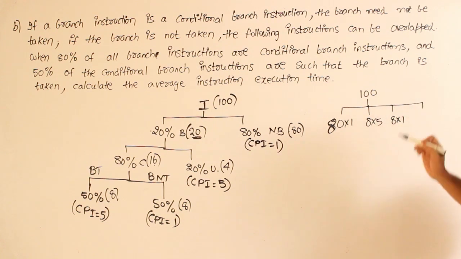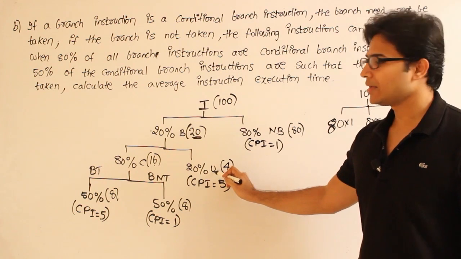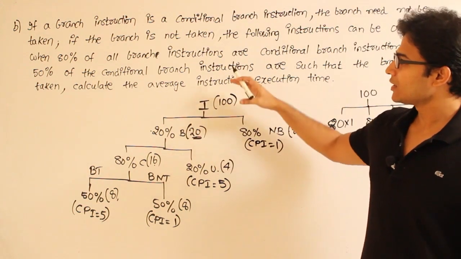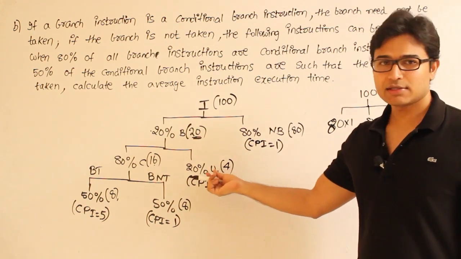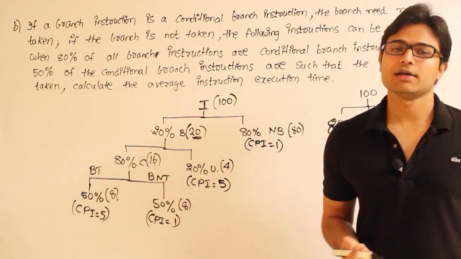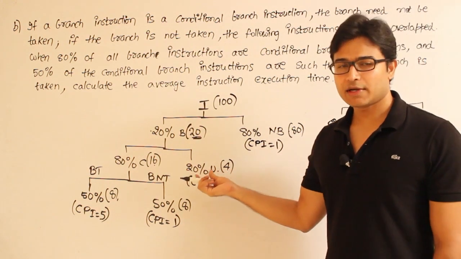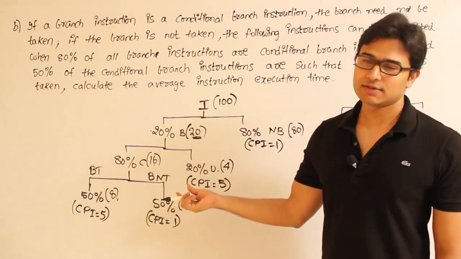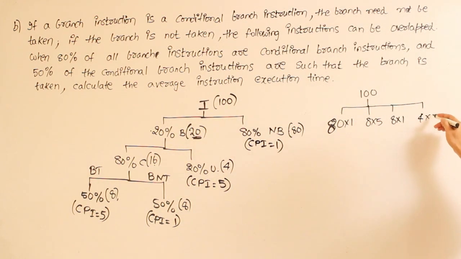That is why 8 into 1. And for these 4 instructions, which are unconditional branches, they didn't mention specifically what the penalty is. Generally, for unconditional branches, the penalty will be less compared to conditional branches. But since nothing is given, we have to assume that even for unconditional branches the penalty is the same, 5. So that is why 4 into 5, right?